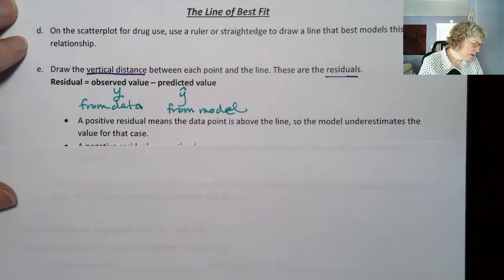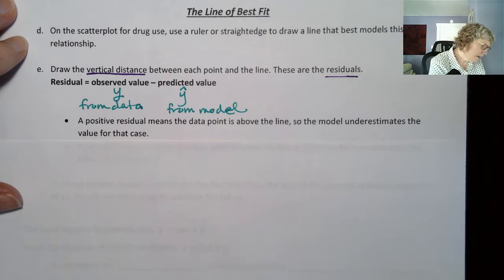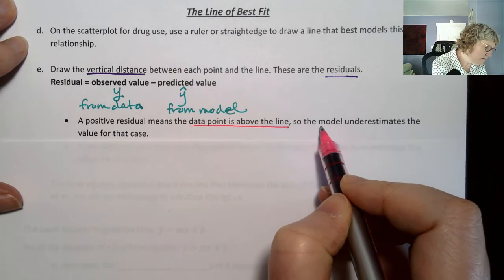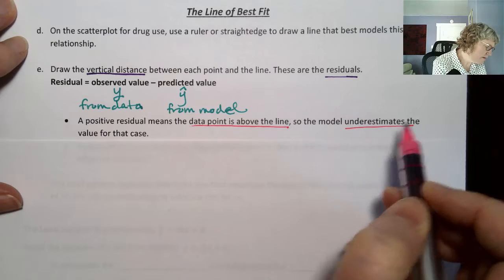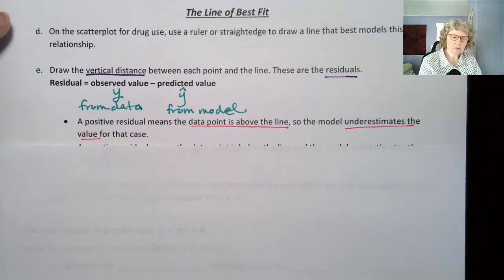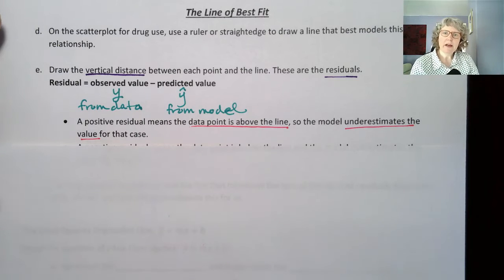A positive residual means the data point is above the line. In that case, we say the model underestimates the value for that case. We always talk about the model relative to the data because the model is the one where the error is.